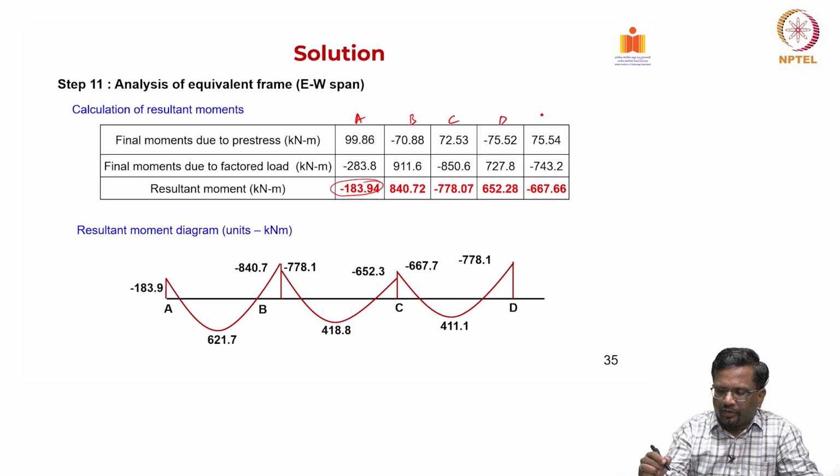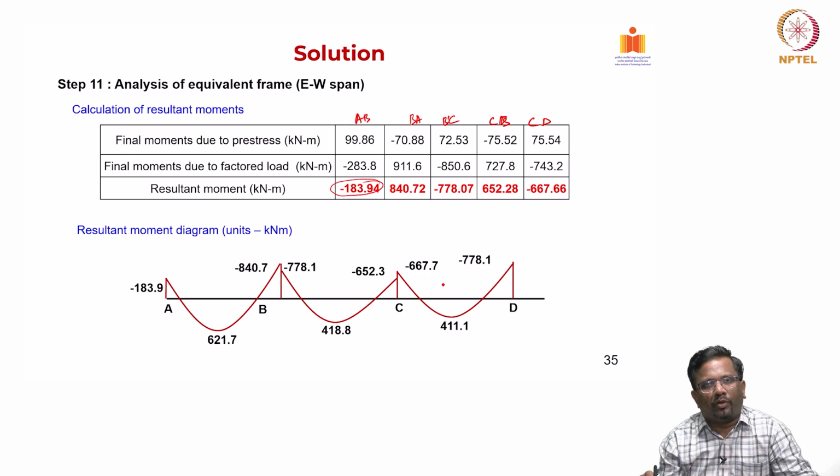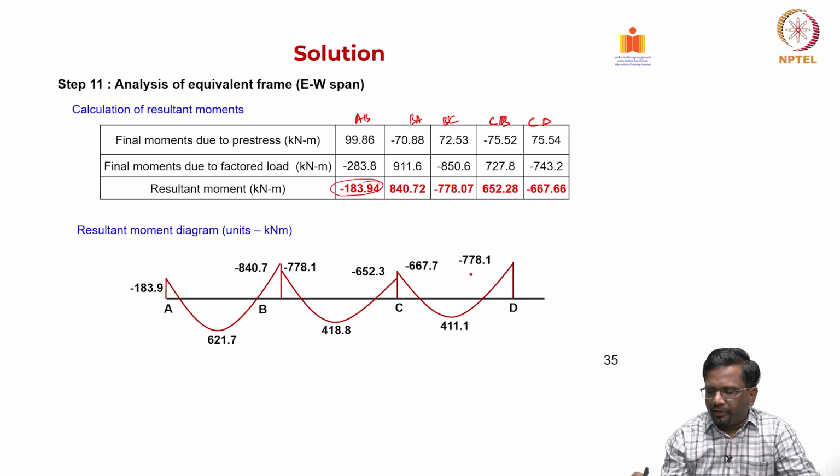Okay, sorry, this is AB. So, this is AB, BA, and then BC, and then you have CB, and you have CD. These are the locations. These moments have been plotted also for easy understanding. So, these are the values.